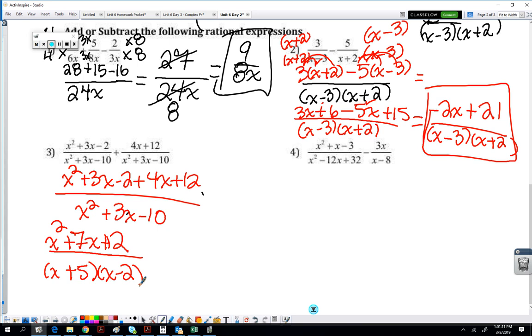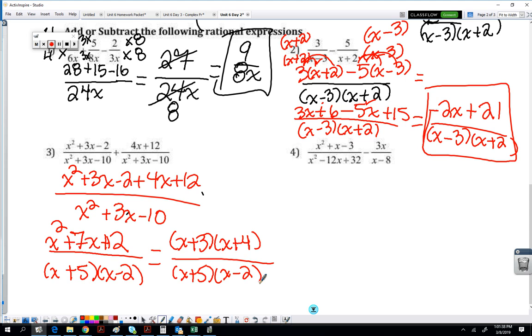So you definitely want to make sure that you have everything factored, okay? And so now the last step is you got to say, can I factor things down even more? So you're going to say what numbers multiply to 12, but add up to 7. So it's x plus 3, x plus 4, and my LCD is x plus 5 times x minus 2. And now the very last step is you have to say to yourself, can I cancel anything?